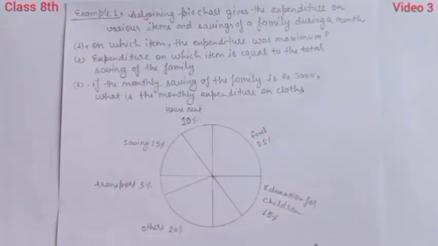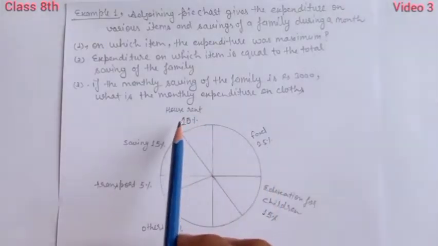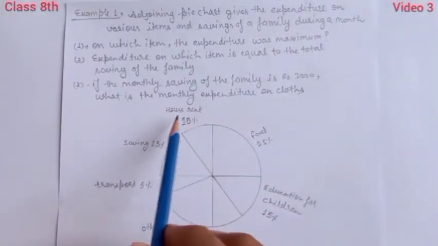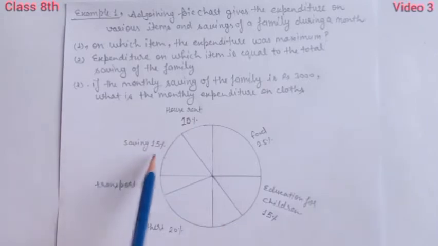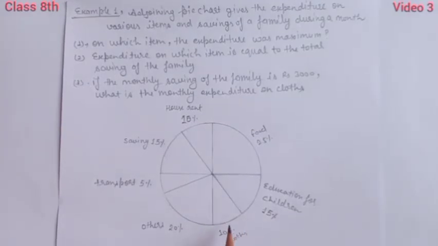Here you can see the expenditure of a family: 25% of total earnings is spent on food and 10% of total earnings is spent on house rent. Similarly, 15% on saving, 5% on transport, 20% on others, 15% on education of children, and 10% on clothes.